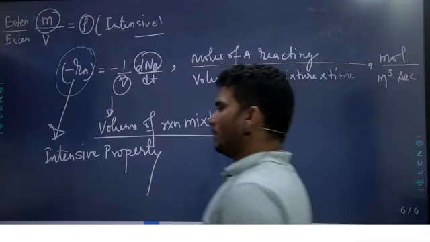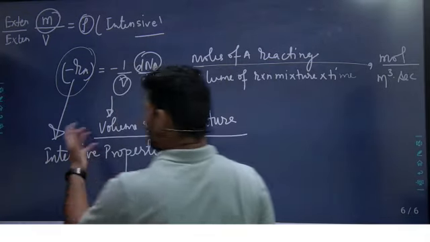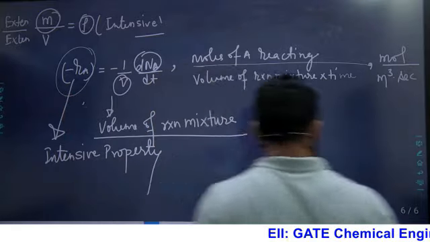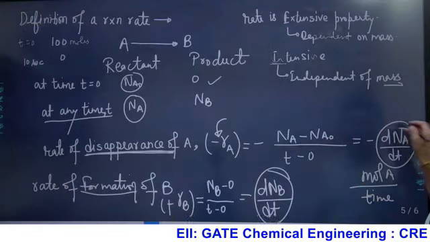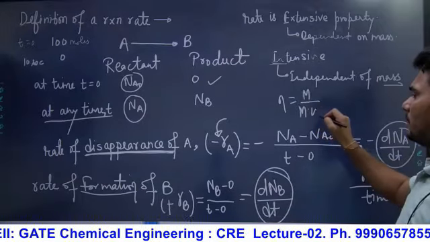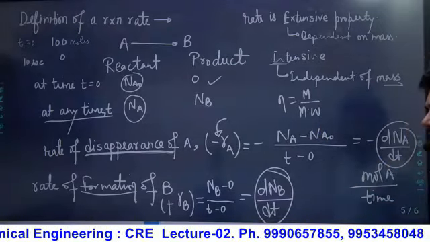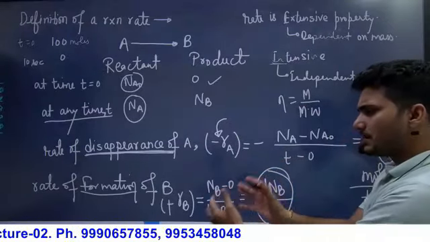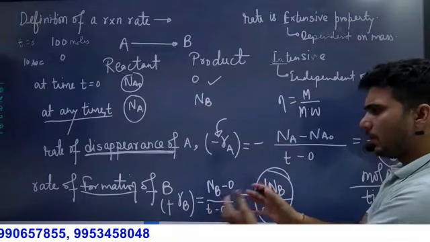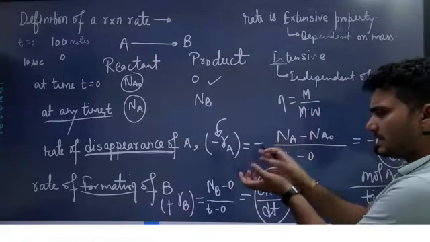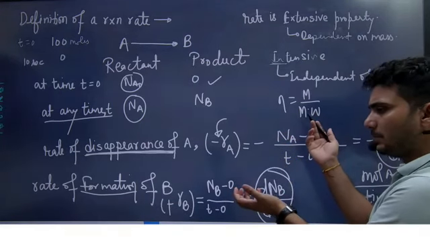Now the rate we will consider as an intensive property, independent of mass. In the previous case, why was it dependent on mass? Mole is what? Mass over molecular weight. So if you take the amount of feed as small, then mass is different, divided by molecular weight.